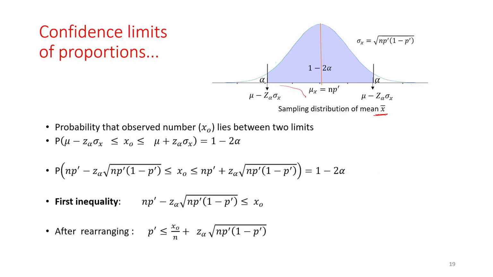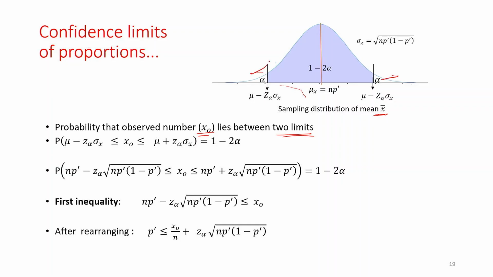That proof we are not going to discuss here. We accept that a binomial distribution can be represented by a normal distribution when n is large. So the probability that the observed number x0 is going to lie between the two limits, so that the tail area is alpha.